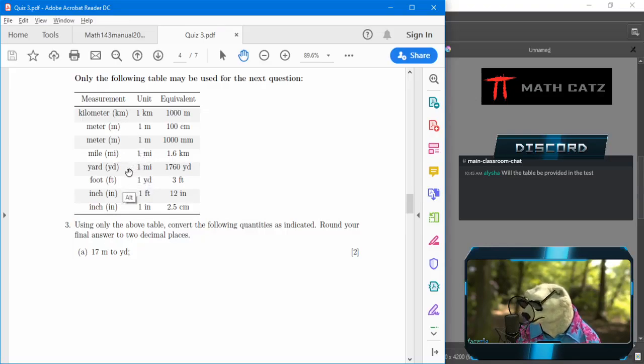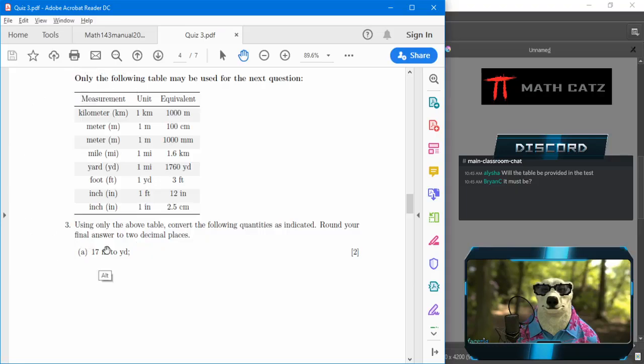That's not bad. My alternative is to go feet to yards, yards to miles, miles to kilometers, kilometers to meters. That seems worse.